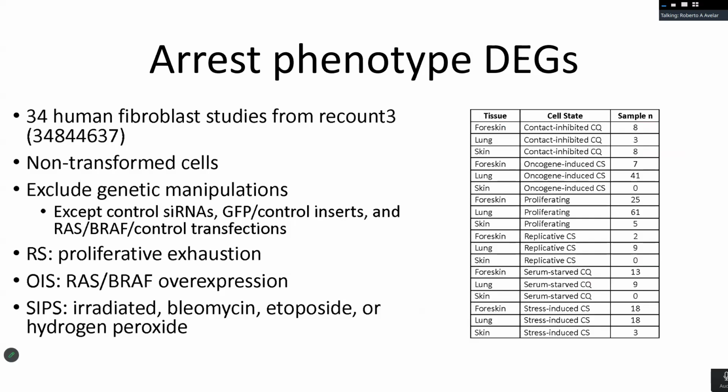And so in order to investigate this, I started looking at bulk RNA-seq studies. First, I looked at human fibroblasts. This is all data from Recount 3, so the data has been processed together, so it's a bit easier to analyze.